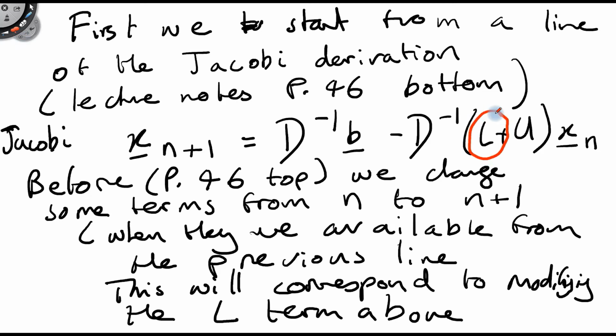This lower triangular bit pre-multiplies x of n, and it's those terms that correspond to the change from n to n plus 1 when going to Gauss-Seidel. Right, let's write that out again. Just sort of an overview statement of where we're going.